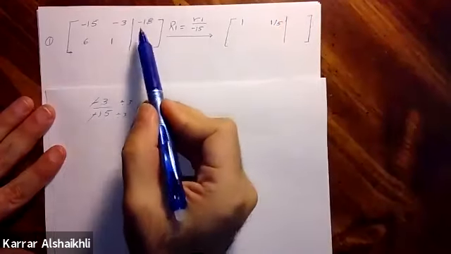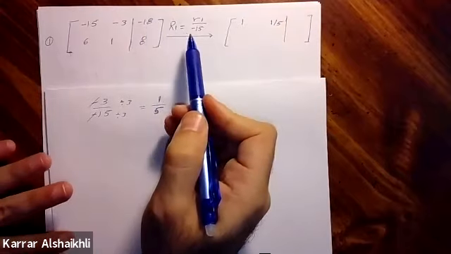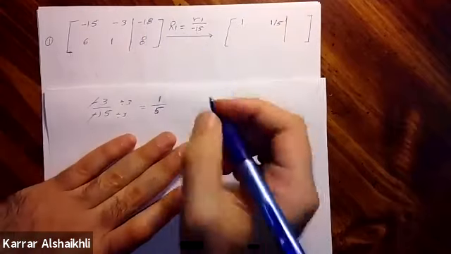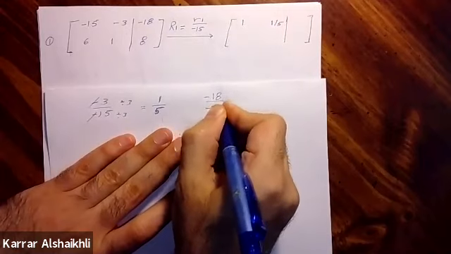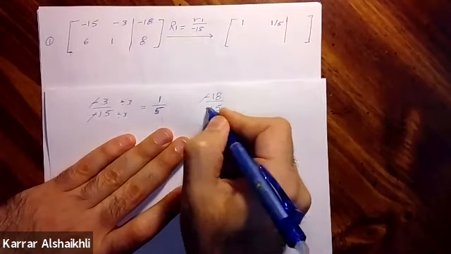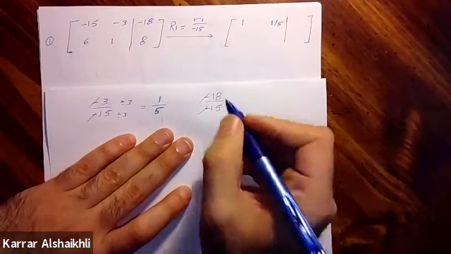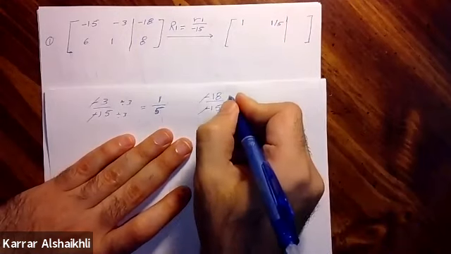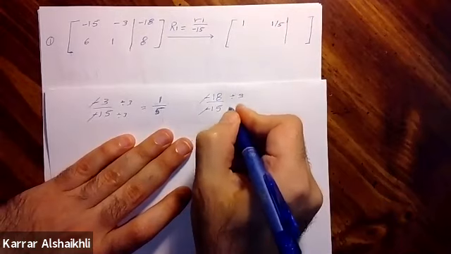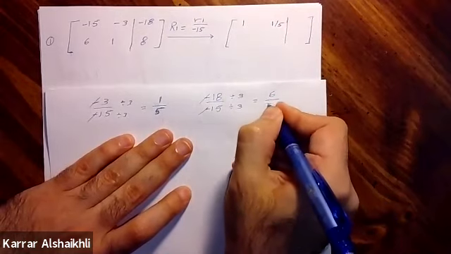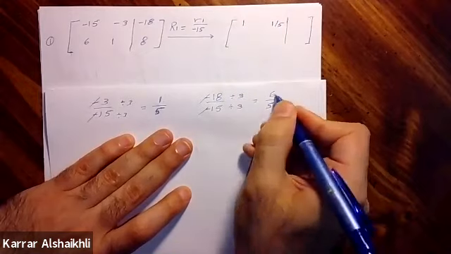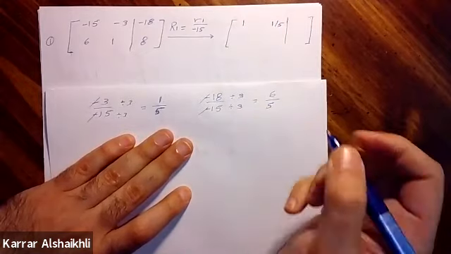Let's keep going. -18 divided by -15, the same thing. Negative divided by negative is going to be positive. 18 and 15. Simplify. Divide both by 3. 18 divided by 3 is 6. 15 divided by 3 is going to be 5.